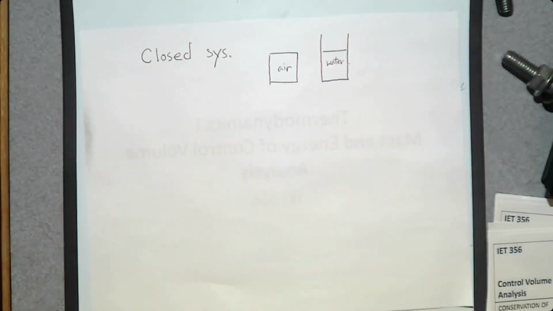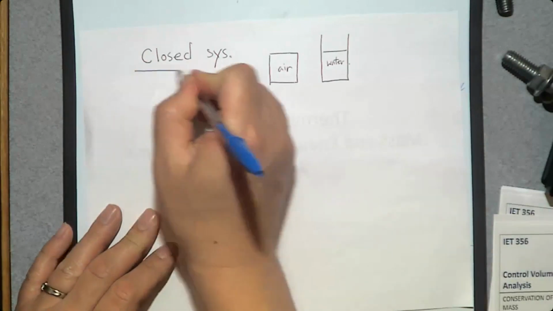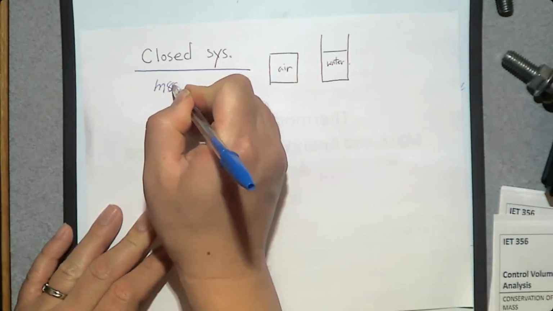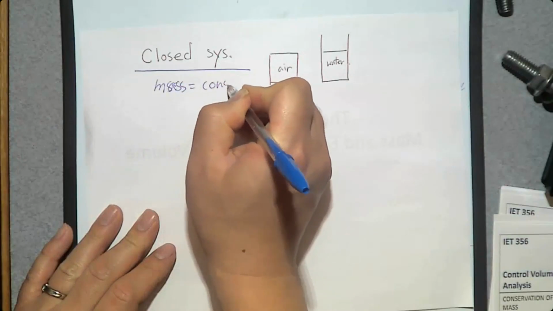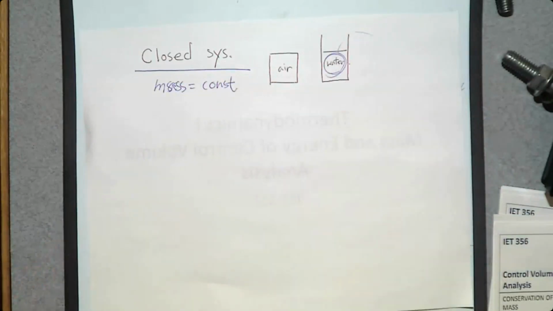Is it a closed system? Yes, it is a closed system, because the definition of a closed system is that mass is constant. As long as this water doesn't go out, it's a closed system. It doesn't necessarily have to be completely closed. Okay?